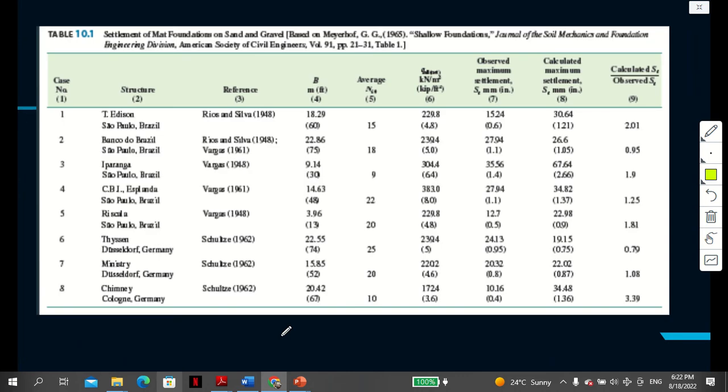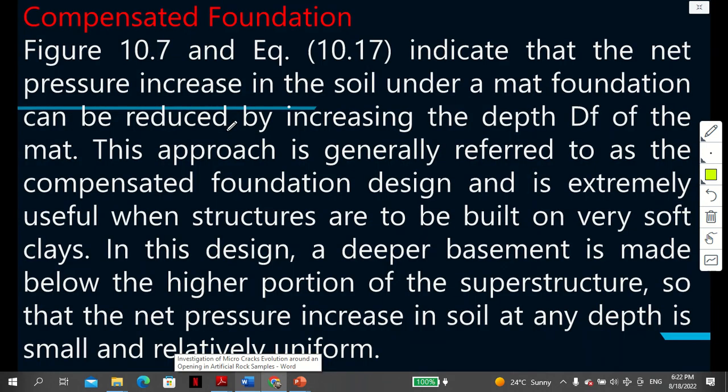So this is the table we are talking about. Some values, just for your reference to use. And then we talk about compensated foundation. Now, figure 10.7, I believe I have it.